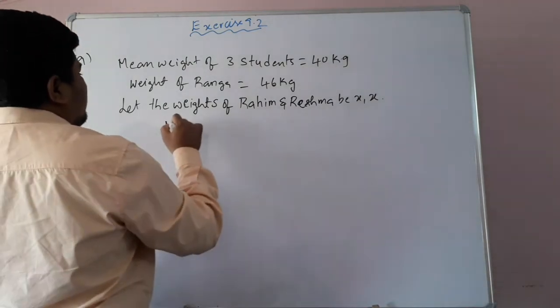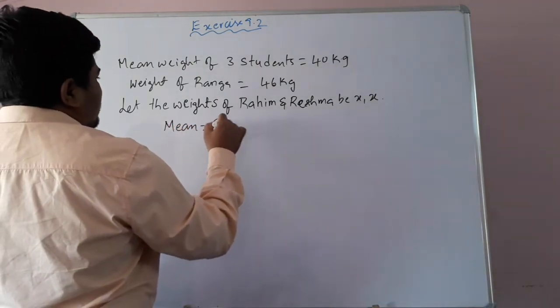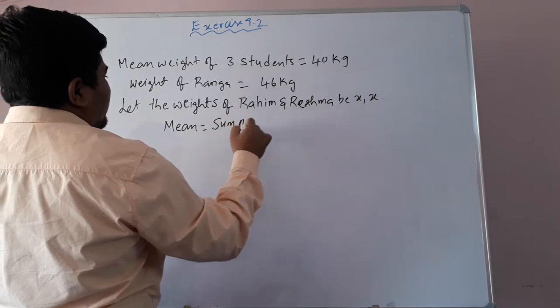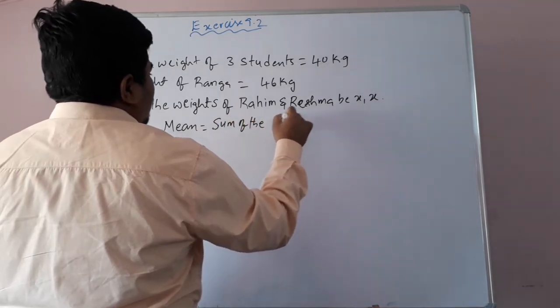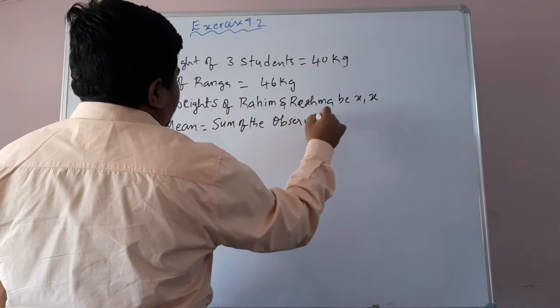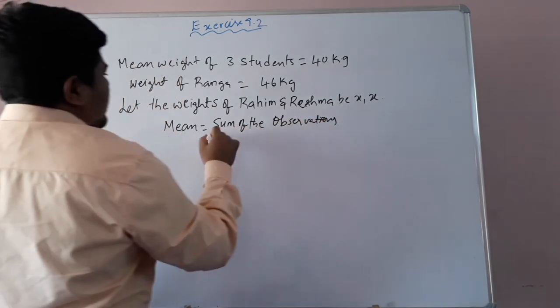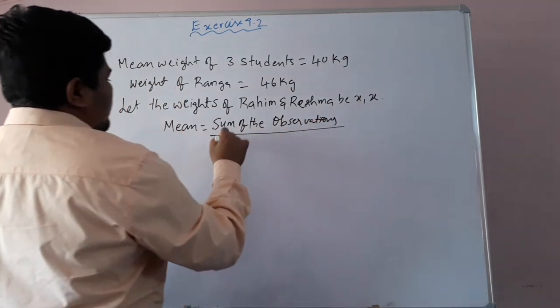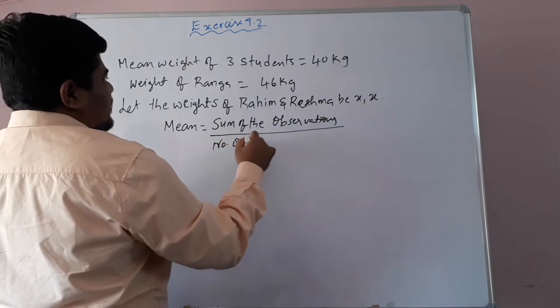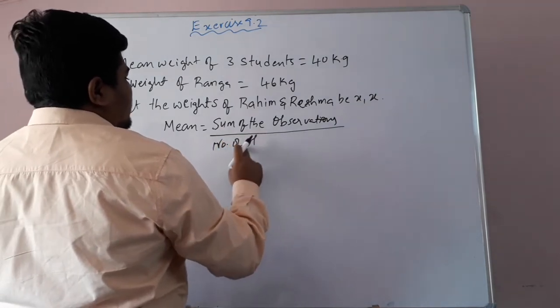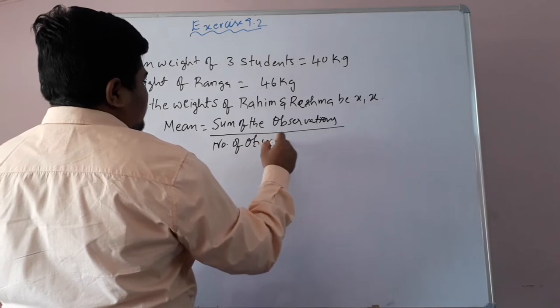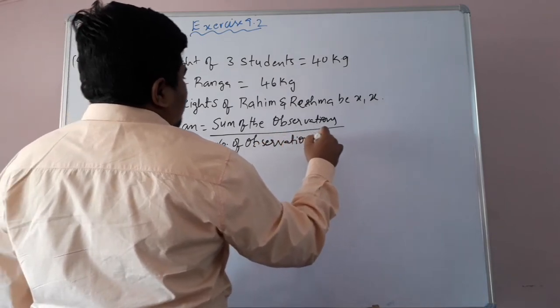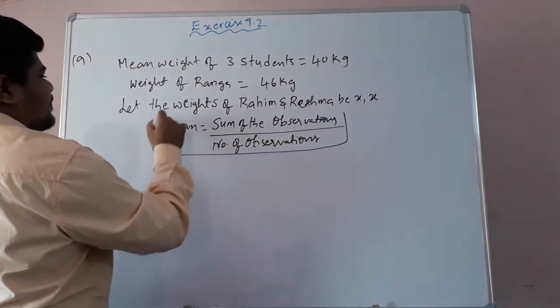What is the mean formula, children? Mean is equal to the sum of the observations by the number of observations. So we have to use this formula, children.